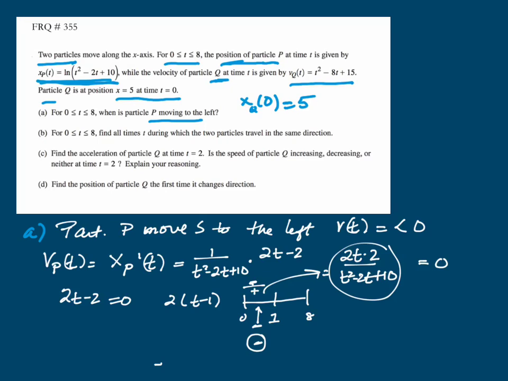Then if I put in 2, I get 4 minus 2, which is positive on the top, and I would get a positive on the bottom. So that's going to be positive between 1 and 8. The question asks, when is it moving to the left?